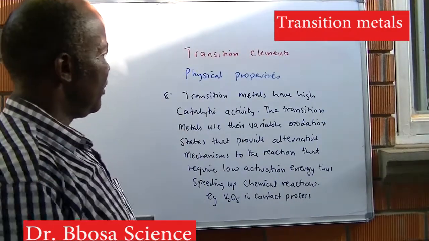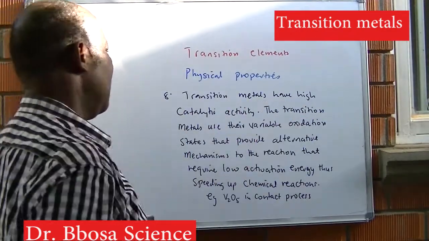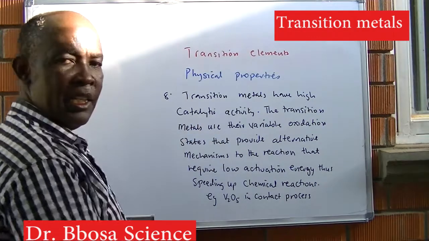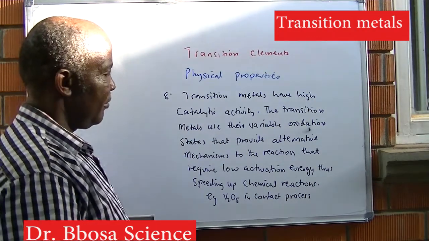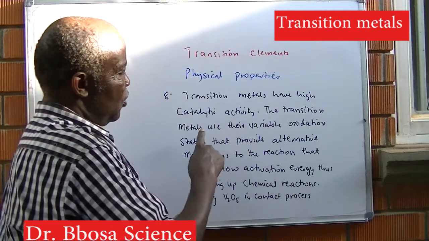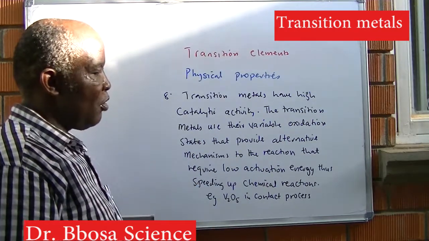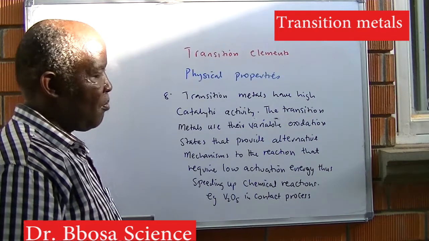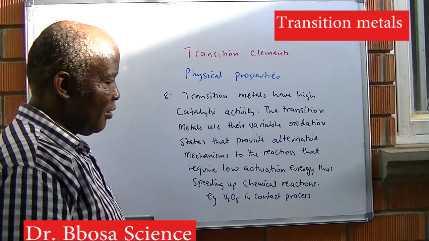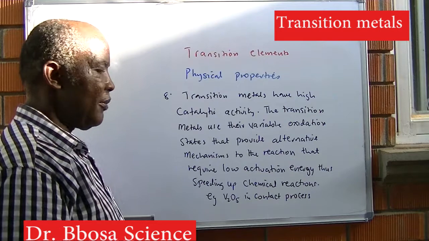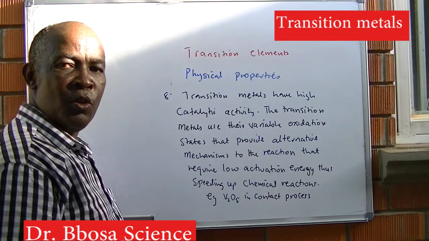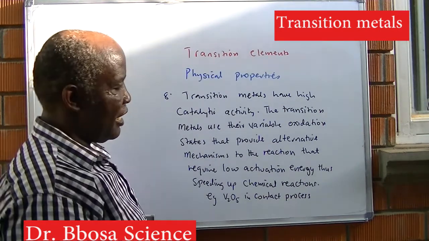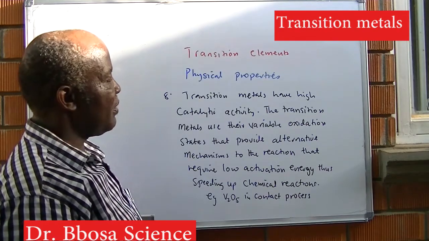8. Transition metals have high catalytic activity. Transition metals use their variable oxidation states to provide alternative mechanisms to the reaction that require low activation energy, thus speeding up the reaction.